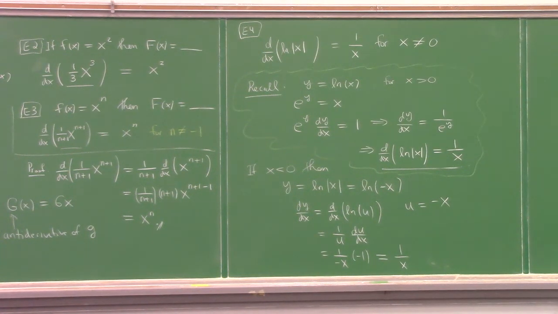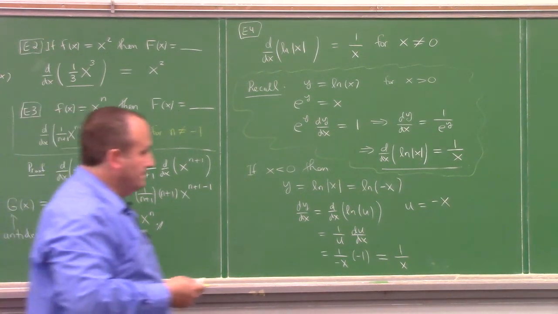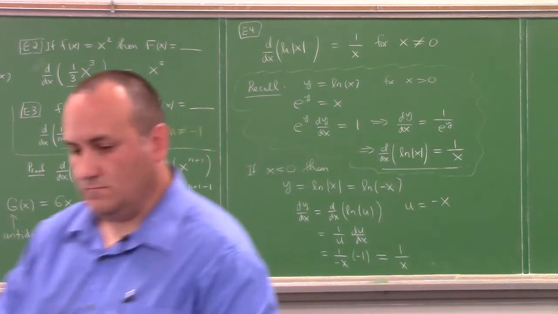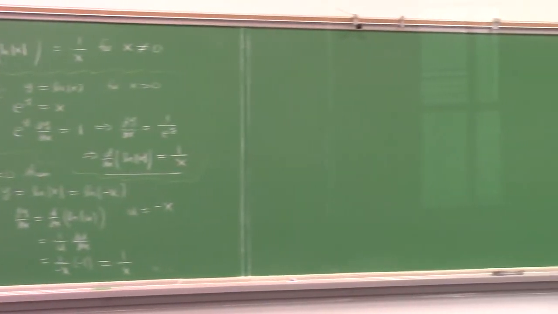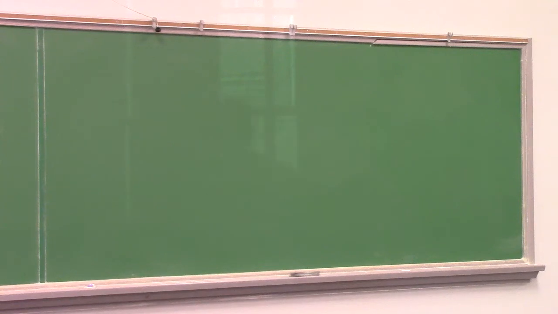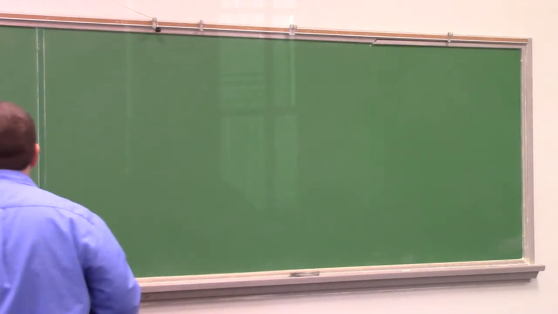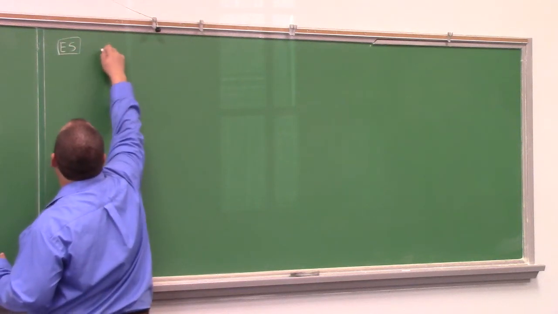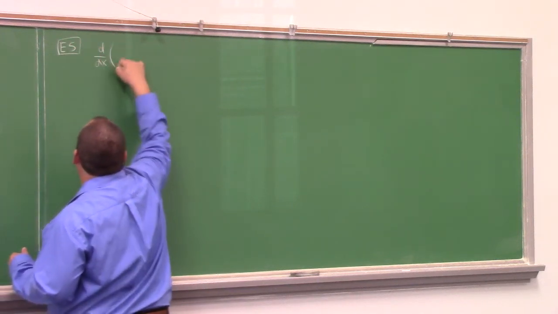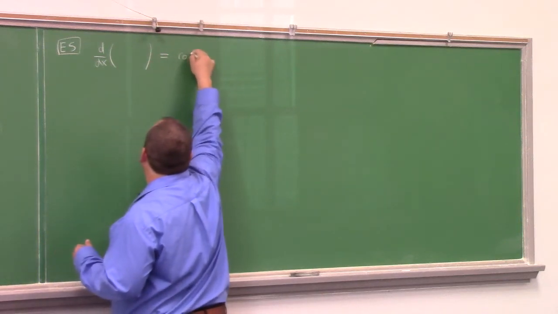Okay, so we can keep going down this path and finding more antiderivatives. All right, I'll do 3 more, and then I'm going to shift over to applications. What's the antiderivative of cosine? So the derivative of what function, fill in the blank here, is equal to cosine?